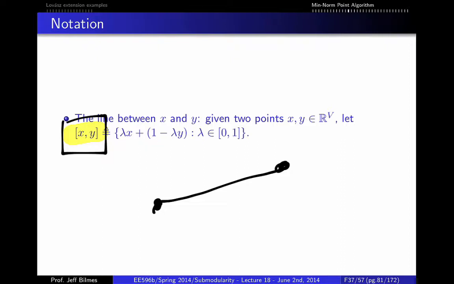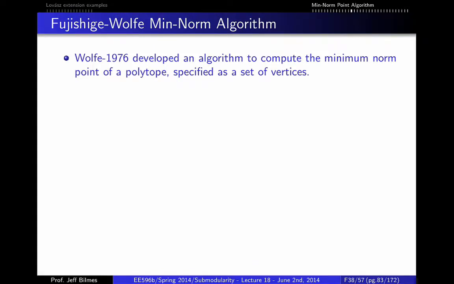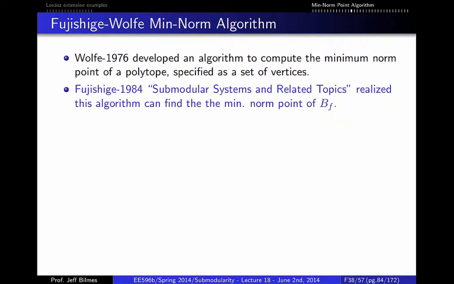Some of you who have been reading the paper may be familiar with this, but the notation we're defining is slightly more modern than what's in the Wolfe paper. Hopefully between these lecture slides and Wolfe's paper, you'll successfully produce an instance of the min-norm algorithm. So Wolfe in '76 developed an algorithm to compute the min-norm point of a polytope, specified as a set of vertices.